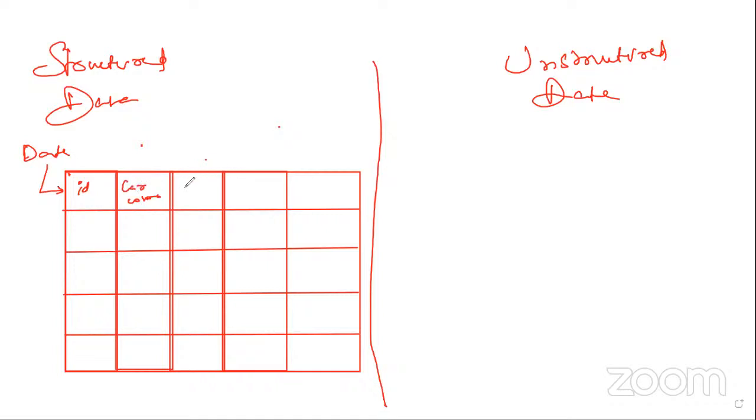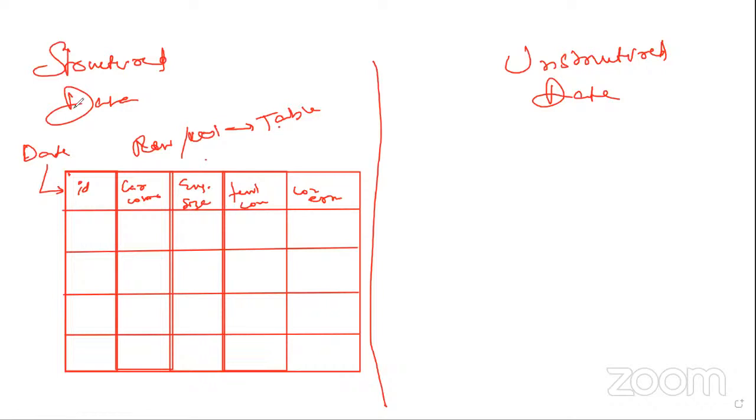This can be another parameter as engine size. This can be another parameter as fuel consumption. And this can be another parameter as CO2 emission. So if the data is like this, in rows and columns, or directly in a table, then it's known as structured data. If the data is in tabular format, then it's known as structured data.